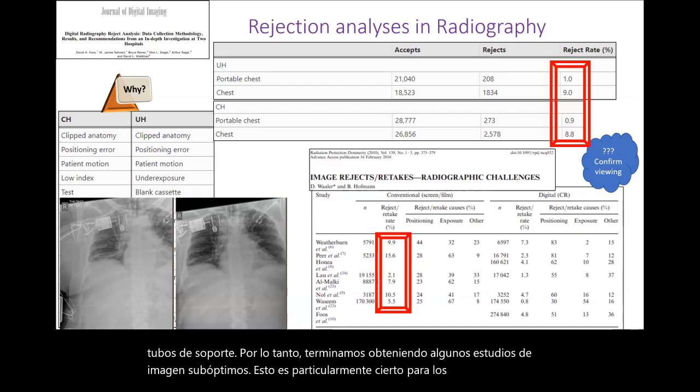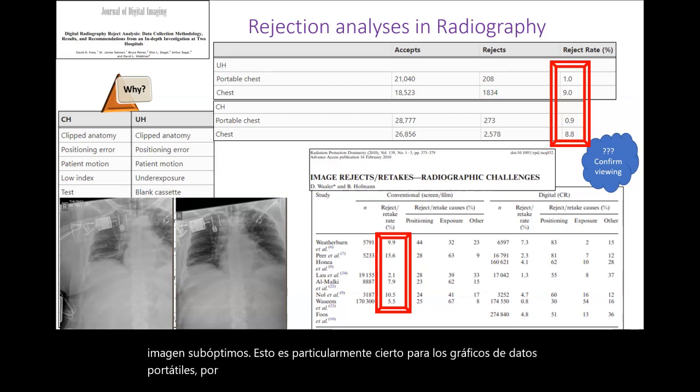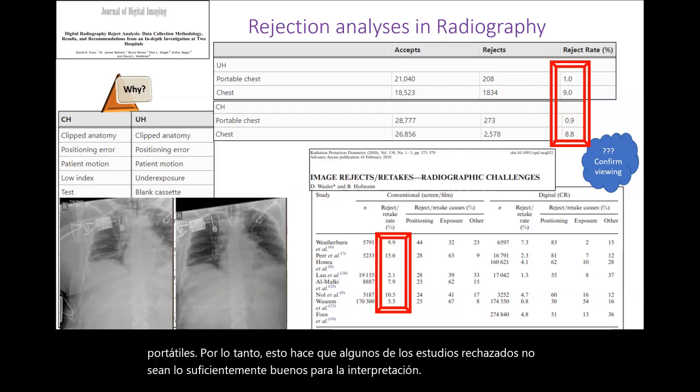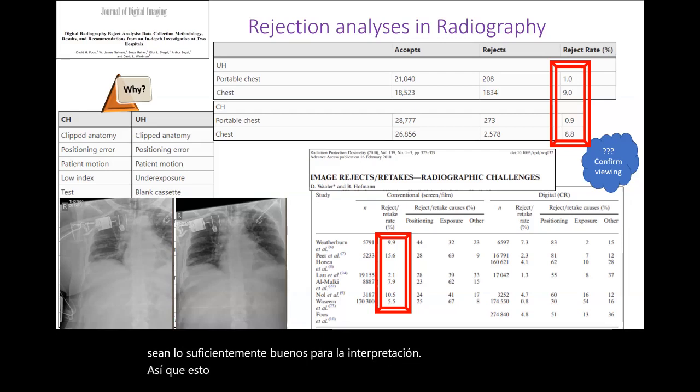So this results in some of the studies being rejected, being not good enough for interpretation. So this requires repeat radiographs. But if this is not recognized at the time of image acquisition, this might necessitate repeat imaging after a few hours. This may cause more inconvenience to the patients and also to the radiology staff.